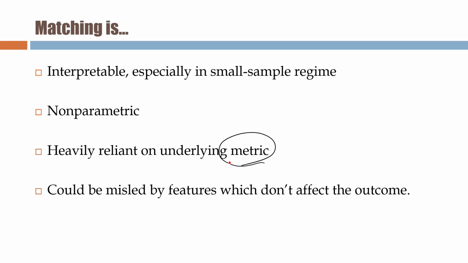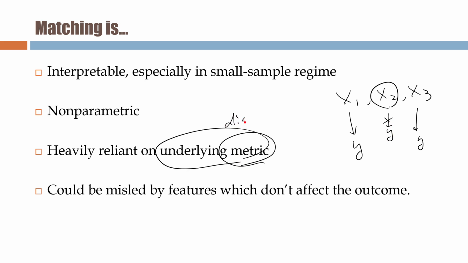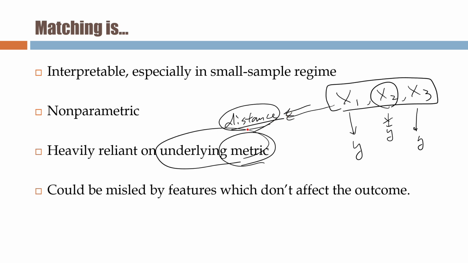So actually, when we measure the distance, we have a lot of different variables. Let's say x1 affects y and x3 affects y, but x2 doesn't have any relationship to y. But when you calculate the distance, we don't know which one affects which one, so we just calculate distance using all three variables, right?